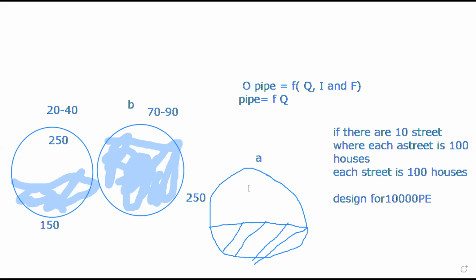Because from the length of the pipe, you're going to get the length of digging, the depth of digging, the length of blinding, the length of backfilling, and if there's a haunching, the volume of concrete for haunching. If you're going to provide valves, everything just depends on that single pipe factor.